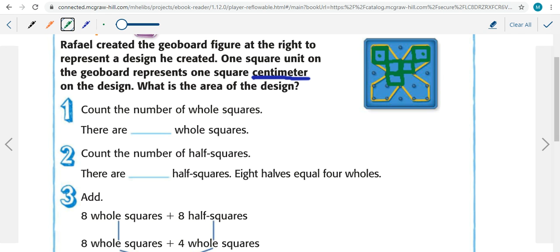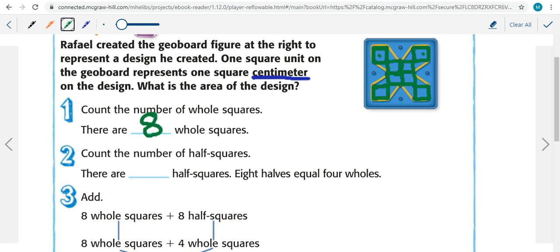Remember that first we have to count the whole squares. 1, 2, 3, 4, 5, 6, 7, and 8. This is the number of whole squares, 8.